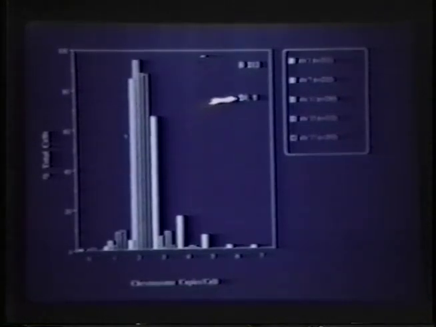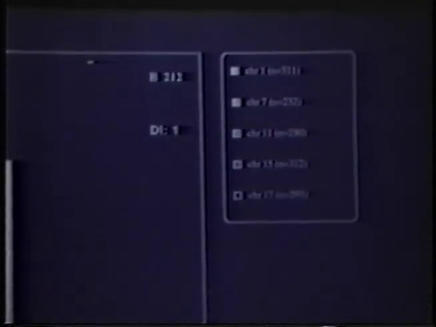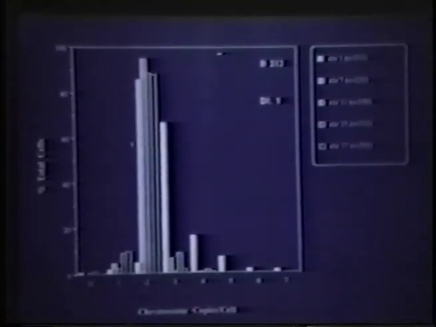This breast cancer, by all measures other than this, was diploid, that is to say it had a normal DNA content. And so we looked at chromosomes 1 and 7 and 11 and 15 and 17 and looked at the frequency of cells in the tumor that had 0, 1, 2, 3, 4, 5, 6, and 7 copies of these particular chromosomes. And what you can see in this tumor is that it's rather well behaved.